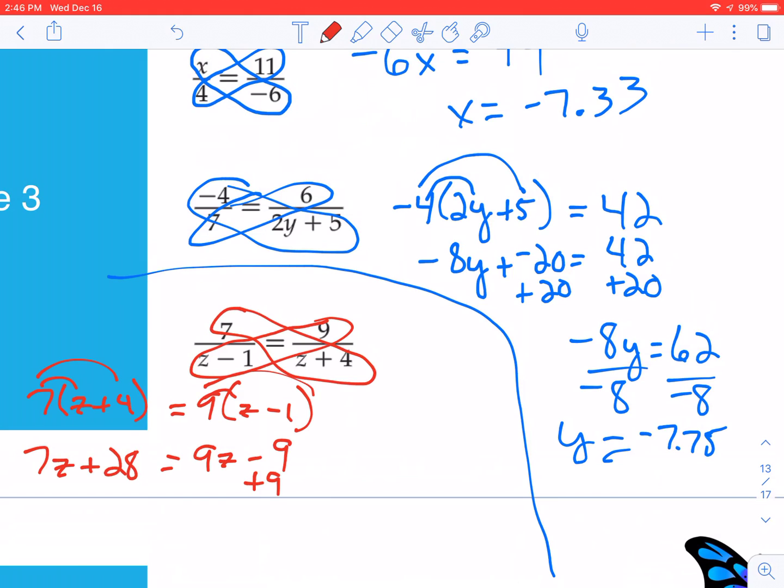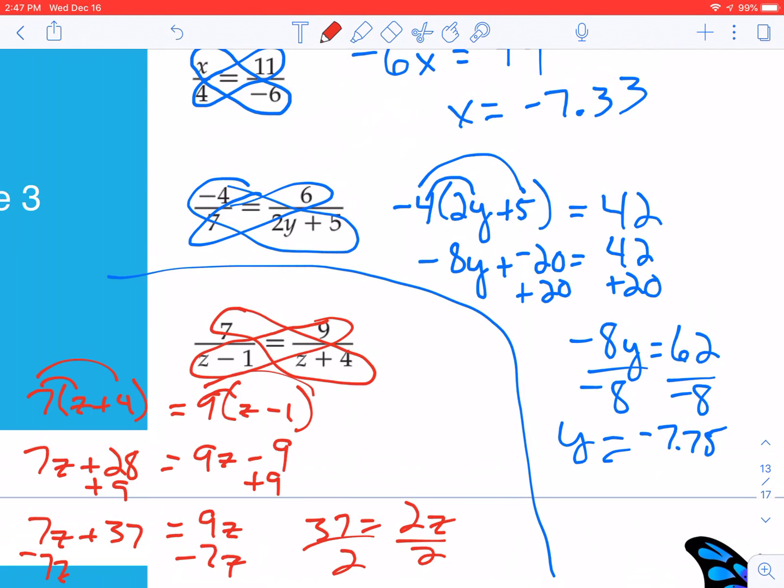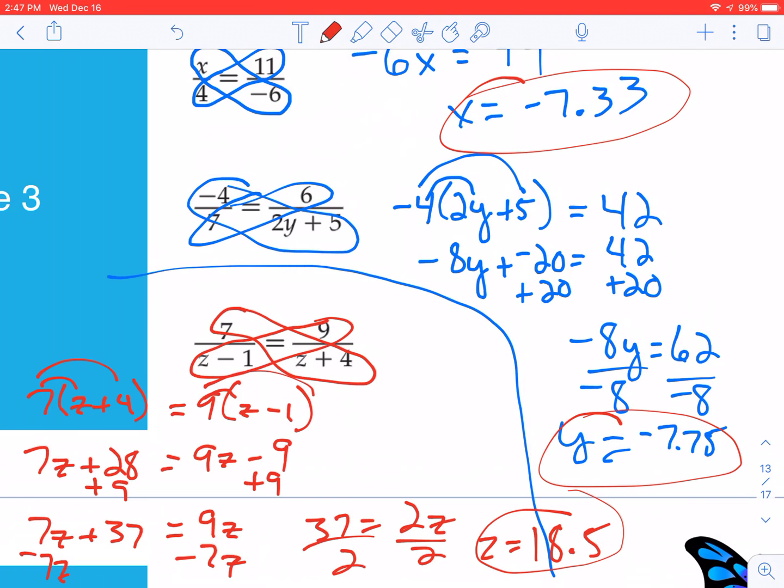Now I'm going to add 9, and I get 7z plus 37 equals 9z. Now I'm going to subtract 7z, and so I get 37 equals 2z. Divide by 2. z equals 18.5. So we got a lot of decimal answers here, but that just kind of shows you how to do the algebra.